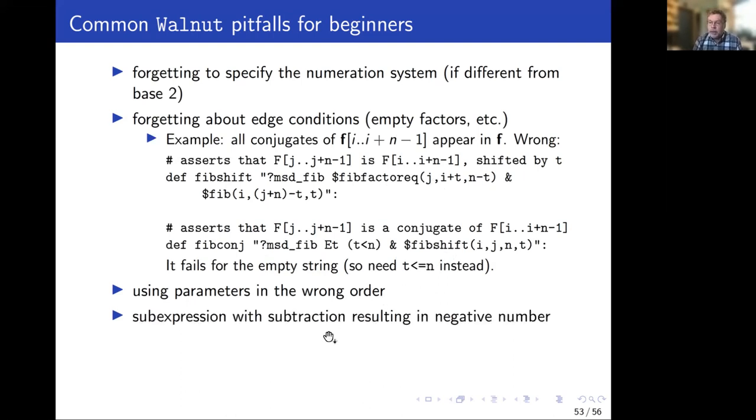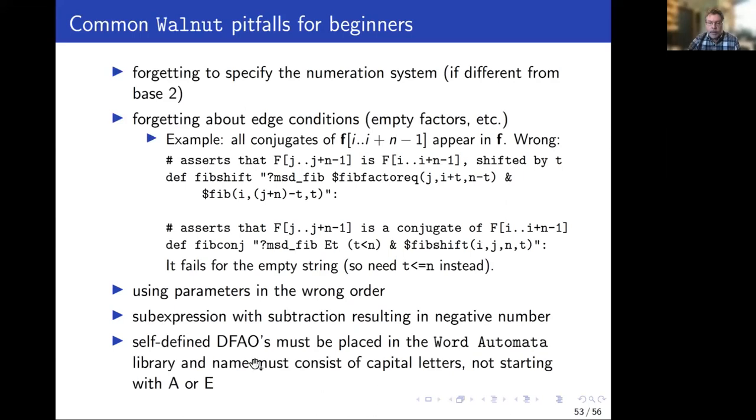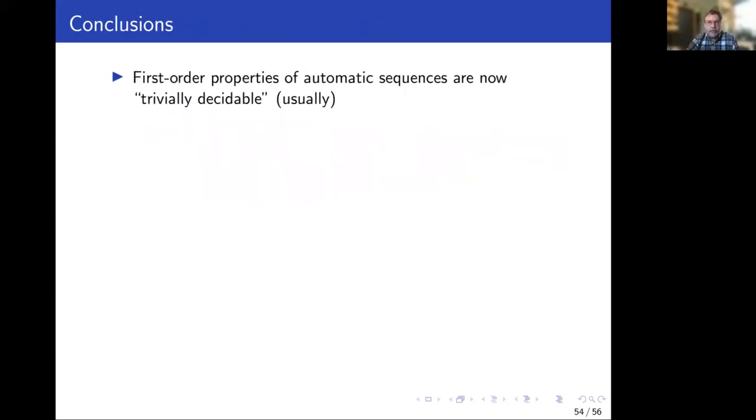Sub-expressions with subtraction resulting in a negative number have sometimes caused problems in the past. The self-defined DFAOs must go in the right place, called the Word Automata Library, and the name must not start with A or E, because if it starts with capital A or capital E, it thinks it's for all or there exists. Okay, all done now.